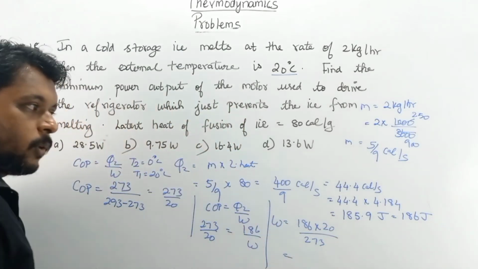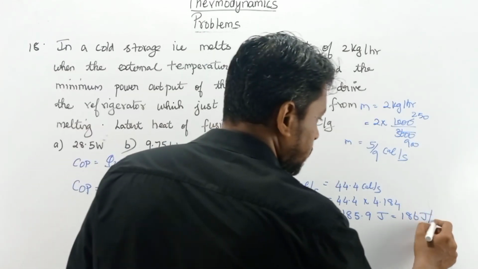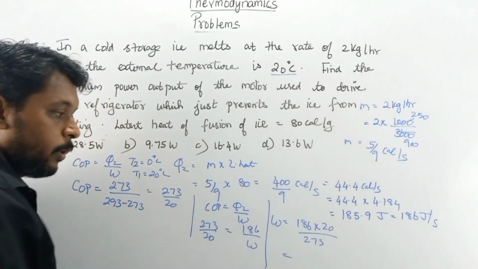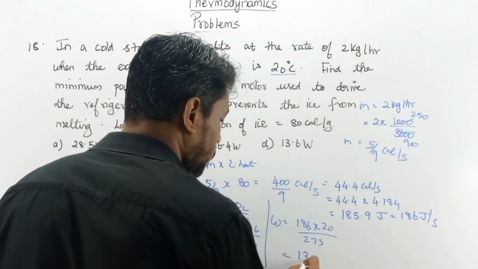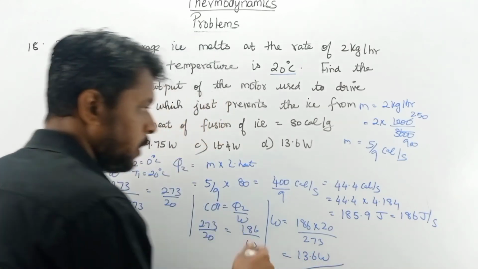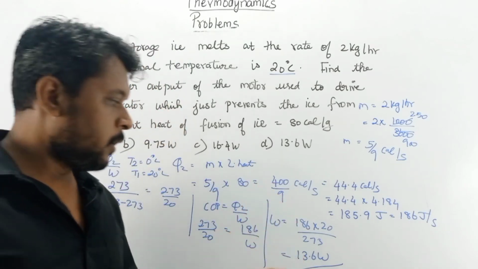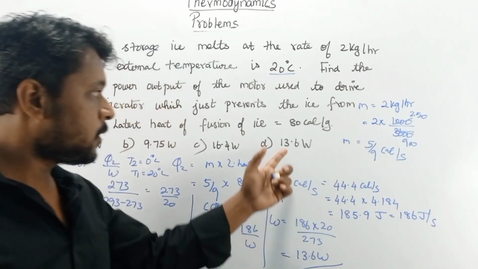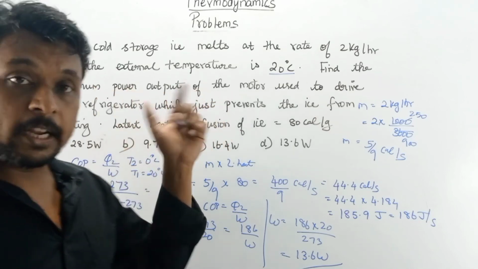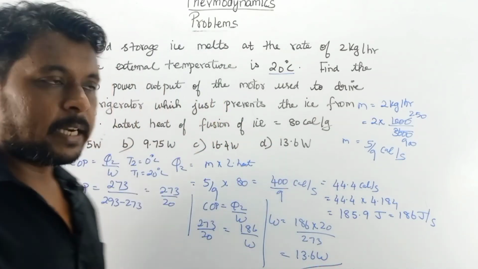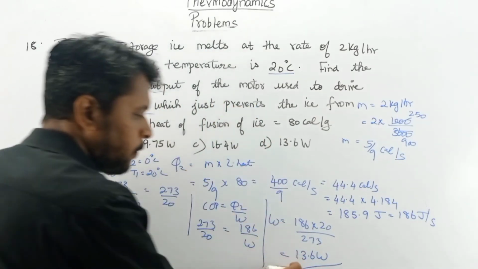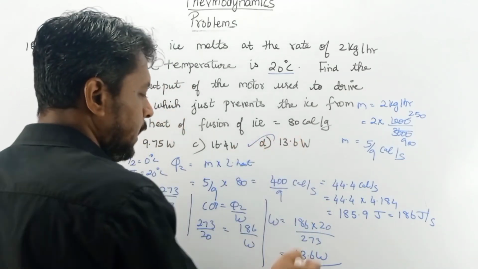When you do this calculation, here it is joules per second, so you'll be getting the work done as 13.6 watt. If W is given in watt, it means it is the power required. This is the power supplied: 13.6 watt is the power output required to run the motor to satisfy the conditions. So option D will be the right answer.